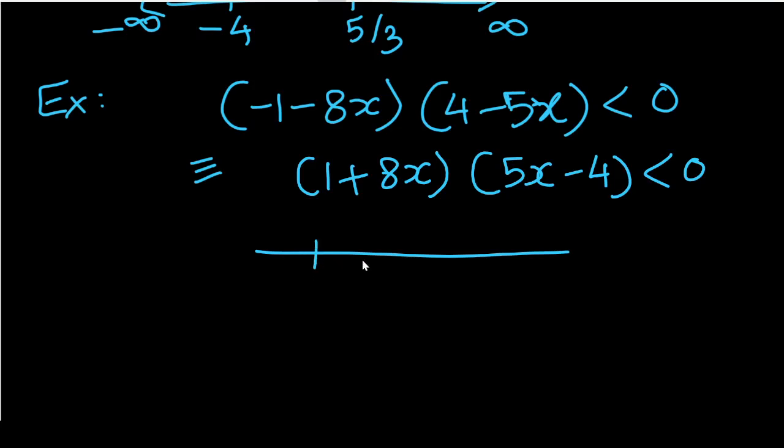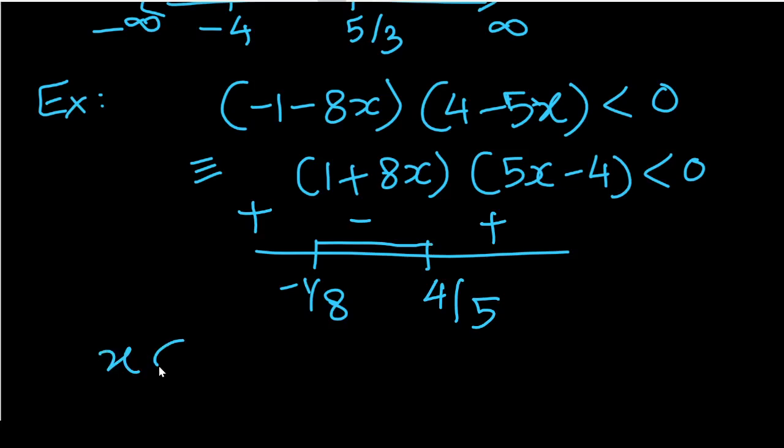Then again you can plot: 1 plus 8x vanishes at minus 1 by 8, 5x minus 4 vanishes at 4 by 5, plus, minus, plus, so the answer would be minus 1 by 8 to 4 by 5. Okay, both excluded.